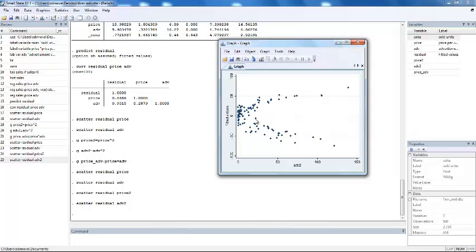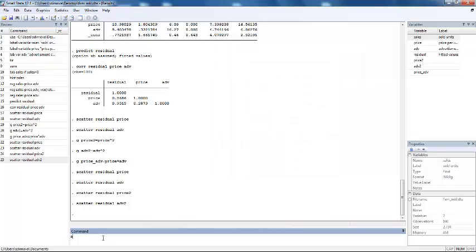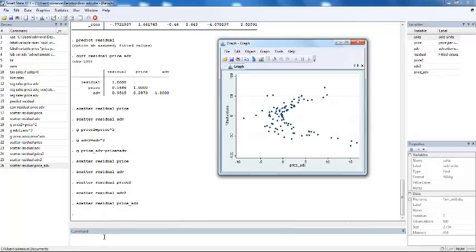Again, similarly as the plot with advertising, we can see that in this plot the residual is growing with advertising square. And let's repeat the same for the cross term, price, advertising. Luckily here we don't have such a strong evidence.